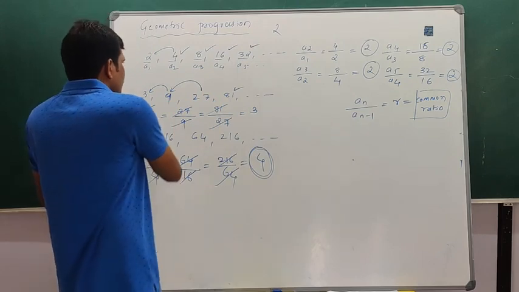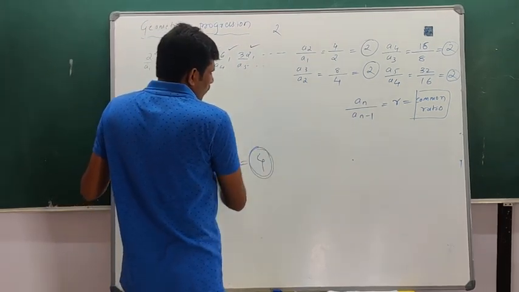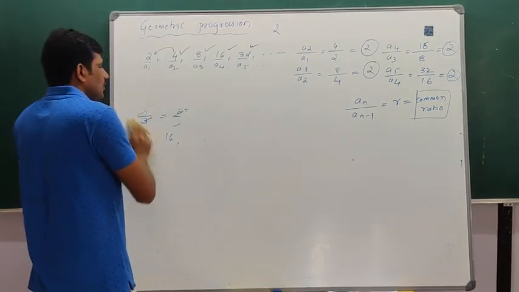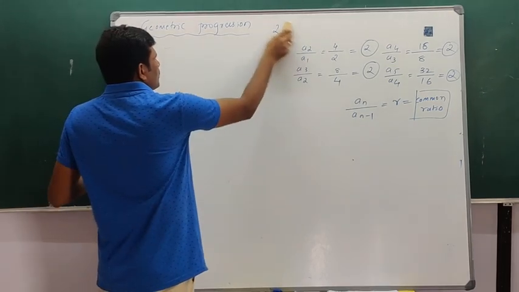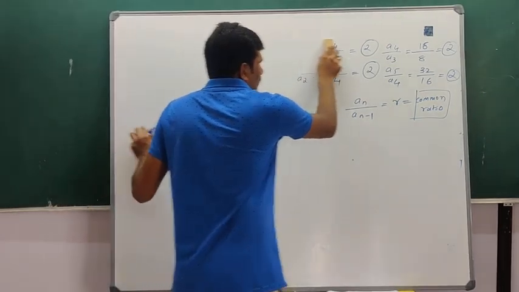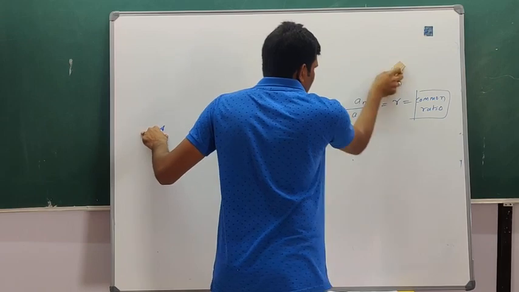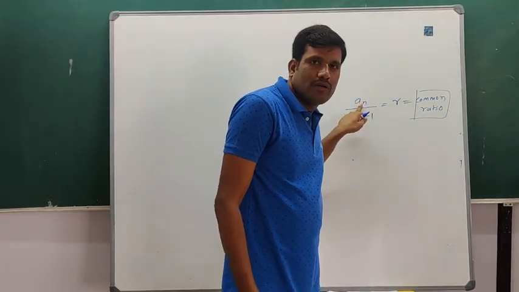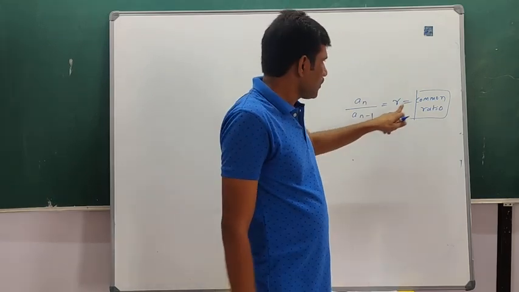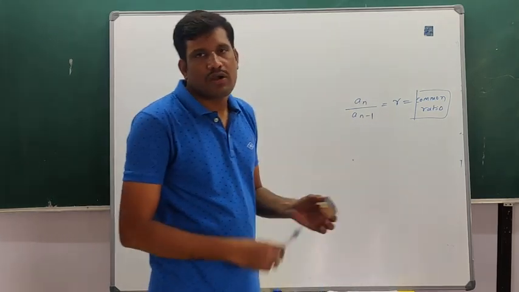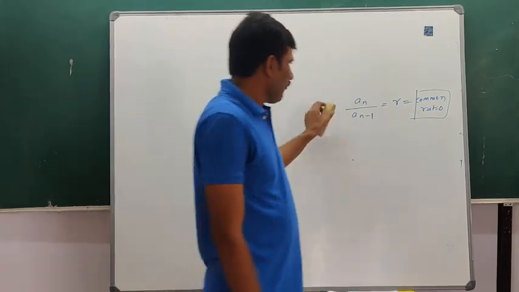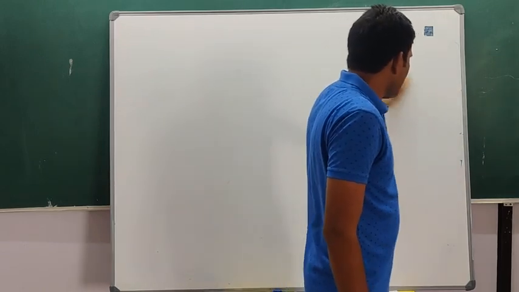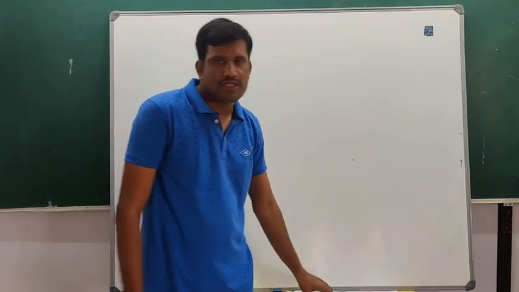So if you want to say a sequence is a GP, we have to take the ratio of each term to its previous term, and that ratio must be the same. In general, we write a_n divided by a_(n-1), any term divided by its previous term, and that value is r, which is called the common ratio. If the common ratio is the same, then that sequence we call a GP, right?